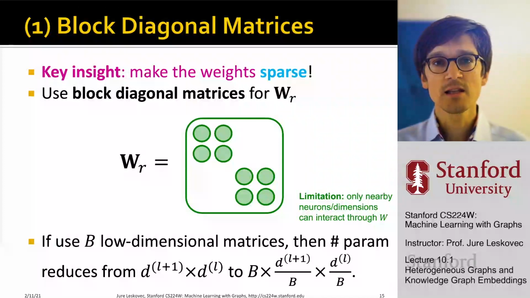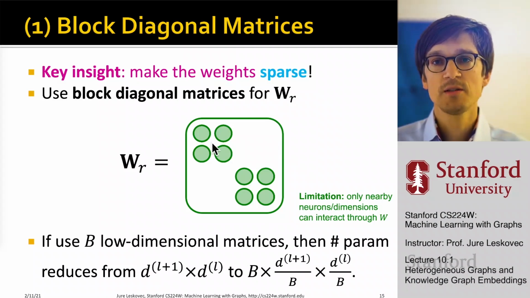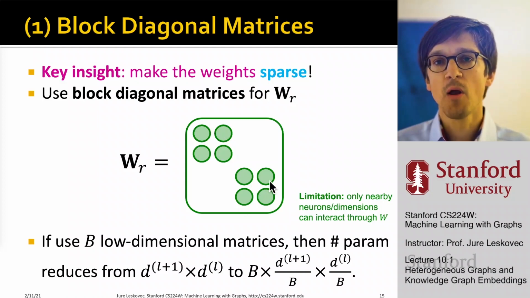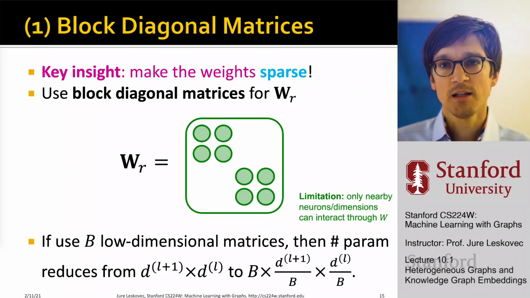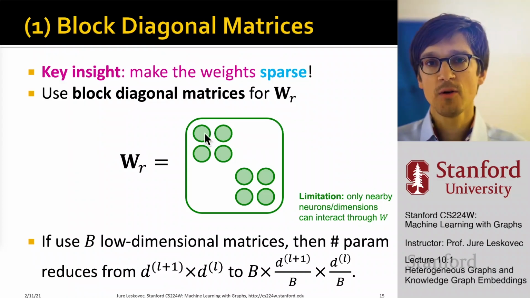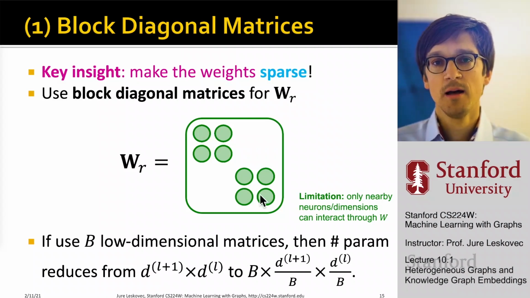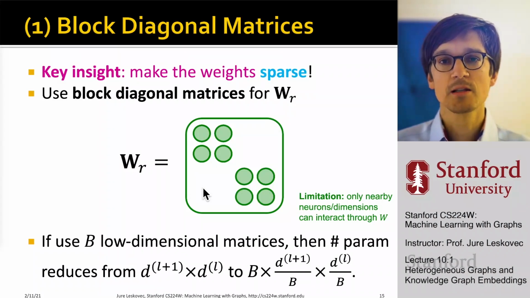So the key insight is that we want to make these W matrices, the transformation matrices, sparse. And one way to make them sparse is to enforce this block diagonal structure. So basically, non-zero elements are only along the specific blocks of this bigger matrix W. If you think about this, this will now reduce the number of non-zero elements, the number of parameters in each W you have to estimate, because you only have to estimate the blocks, these two green blocks, and you can basically assume these empty parts of the matrix are zero.